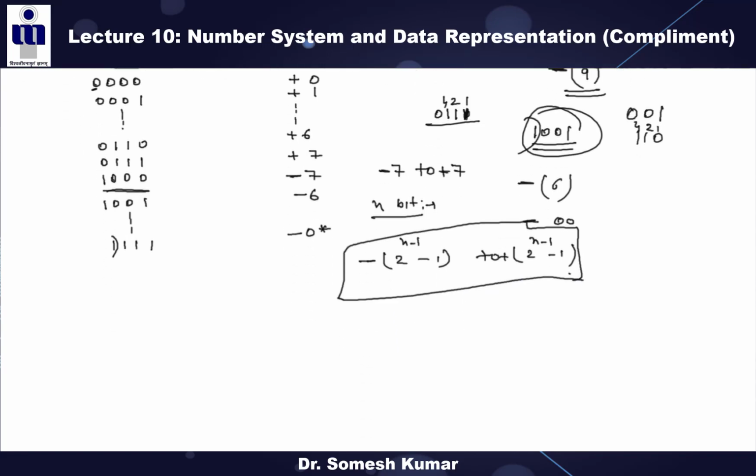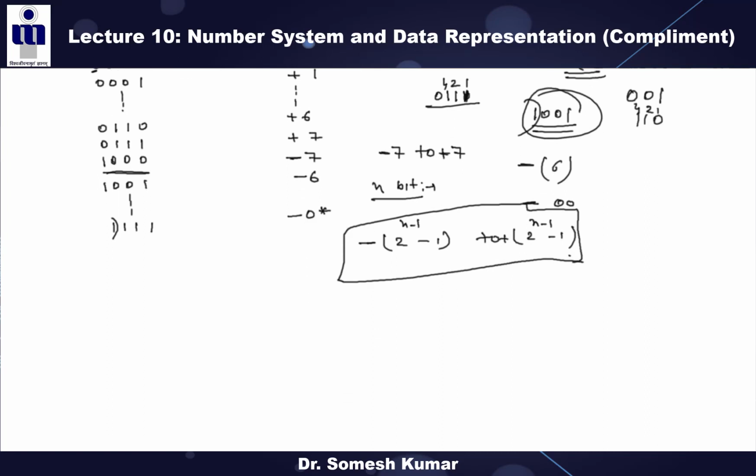Now also you can do these arithmetic operations by using the 1s complement, right? So 5 minus 3. The question is, perform 5 minus 3 using the 1s complement representation.